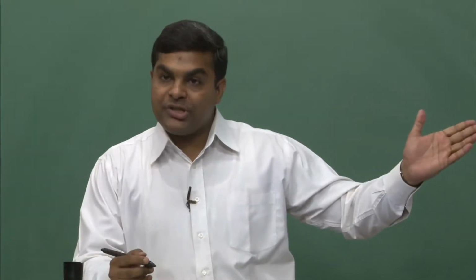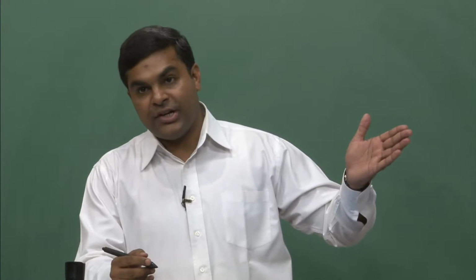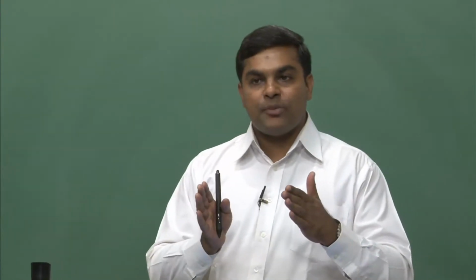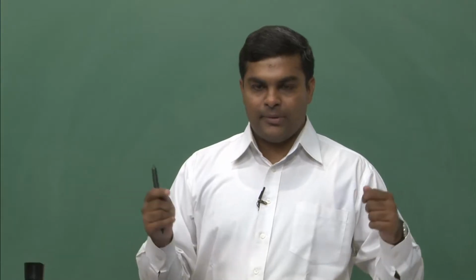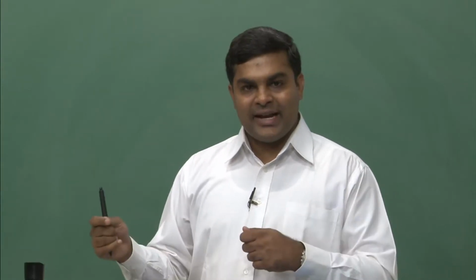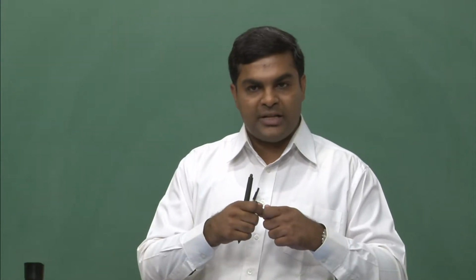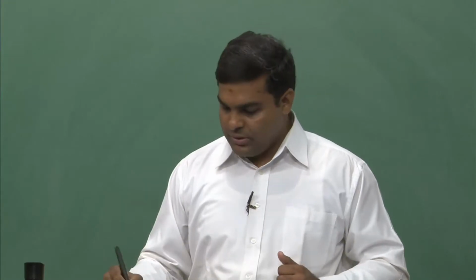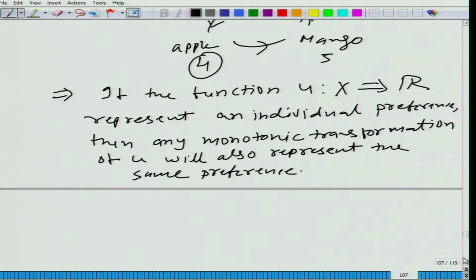Let's say the original position will be given by a particular utility function. When you are stretching, you will get another function, but it would not change the rank. So that's what monotonic transformation does. That monotonic transformation preserves the rank. It doesn't change the rank. If one is greater than the second and we do a particular kind of transformation where, with the new valuation, one remains greater than the second, then we do not have any problem, and that's what we are talking about.